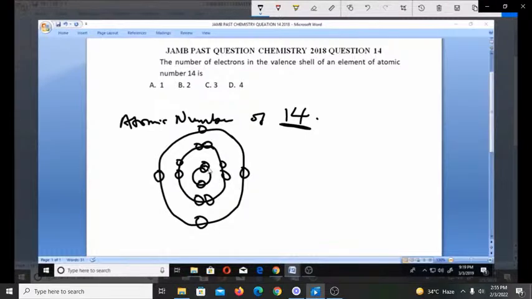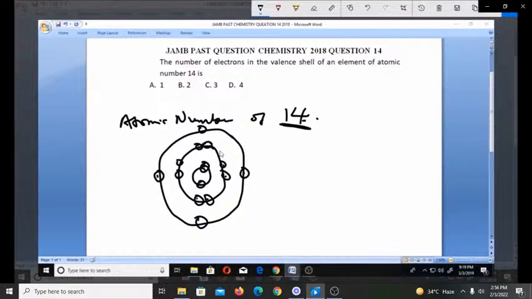So if you count the total number of electrons, it should be equal to the atomic number. So we have 1, 2, 3, 4, 5, 6, 7, 8, 9, 10, 11, 12, 13, 14. So we have 14 of it. So it's now equal to this. But note that the inner shell must have only 2.